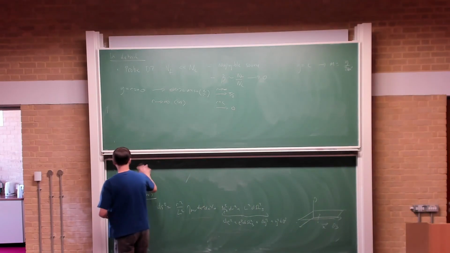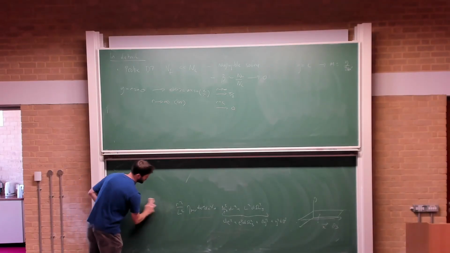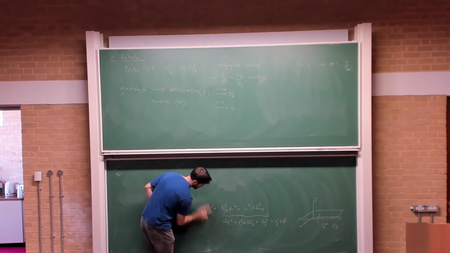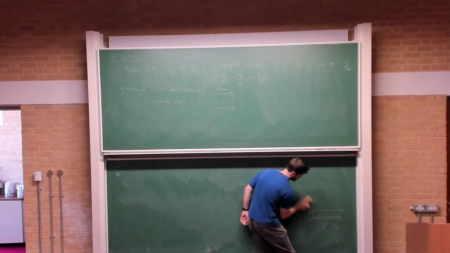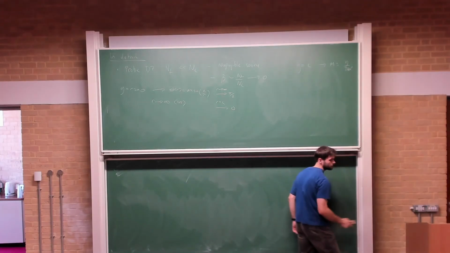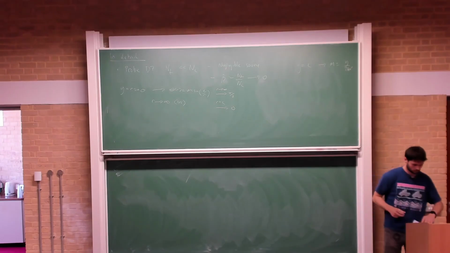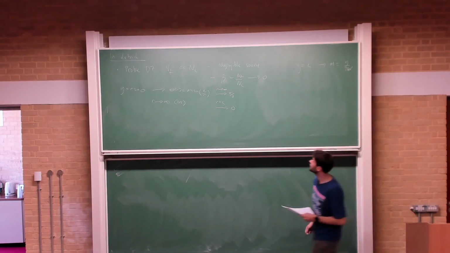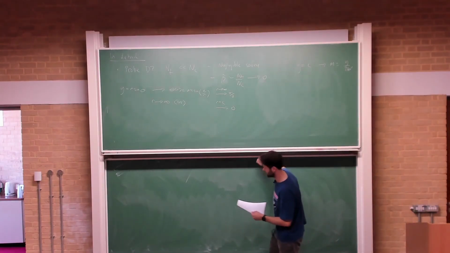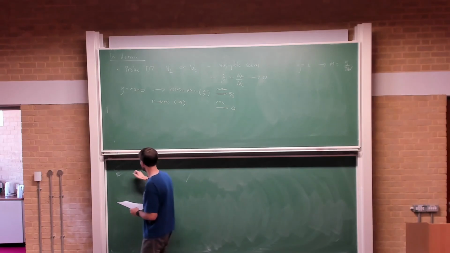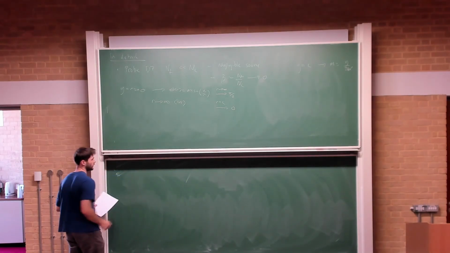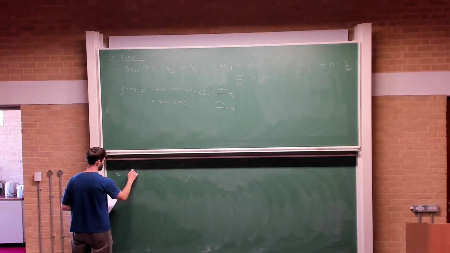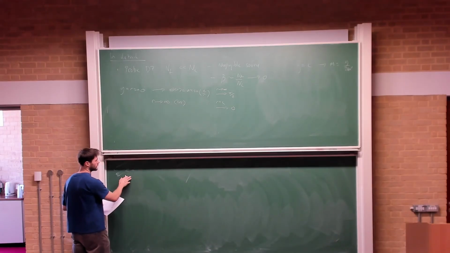So more specifically, we'll make the following generalization. To set things up, let's reconsider the metric for AdS5 cross S5 and define the following coordinates. So the following set of holomorphic coordinates.